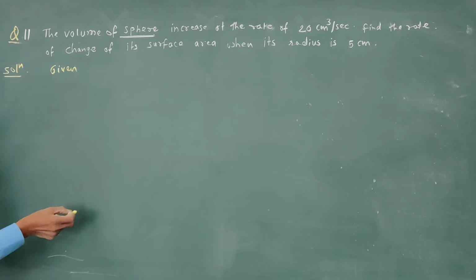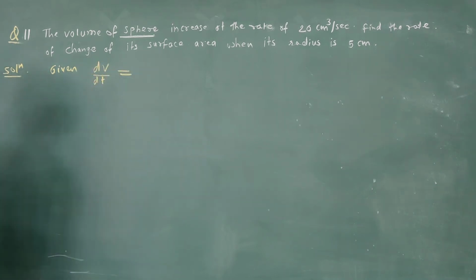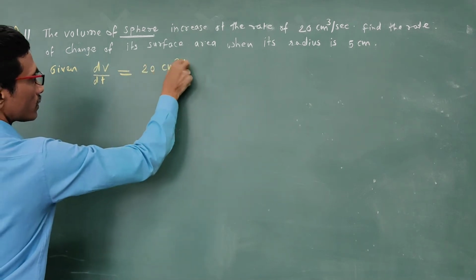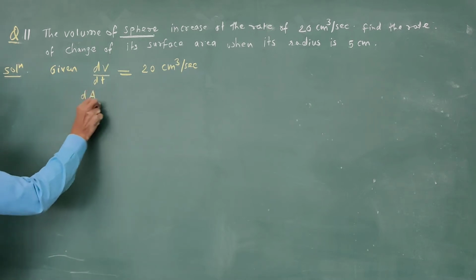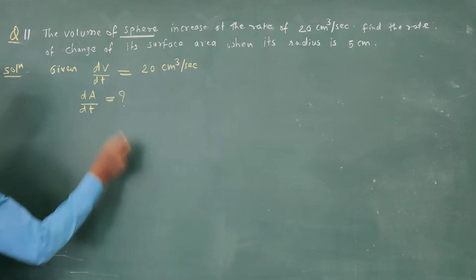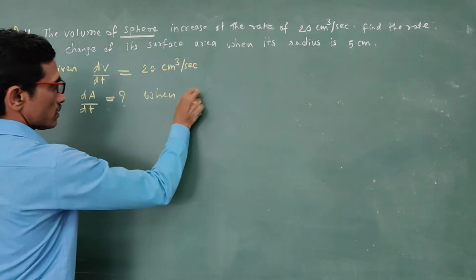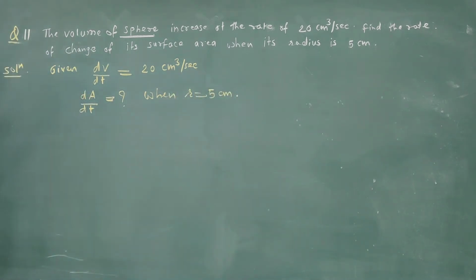It is given that the rate of change of volume dV by dt is equal to 20 cubic centimeter per second, and we have to find dA by dt, that is the change of surface area when radius is equal to 5 centimeter.